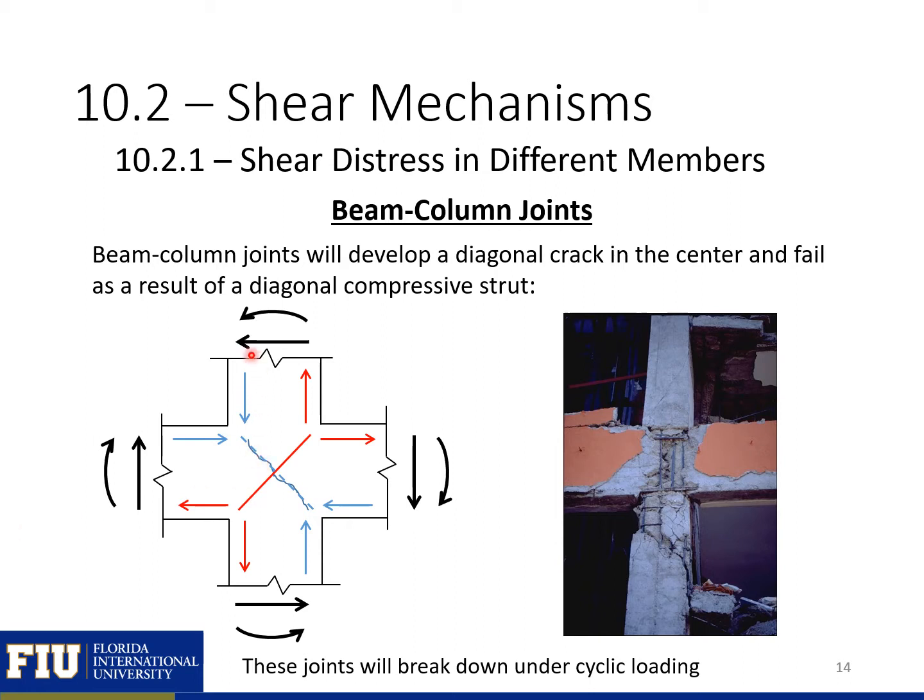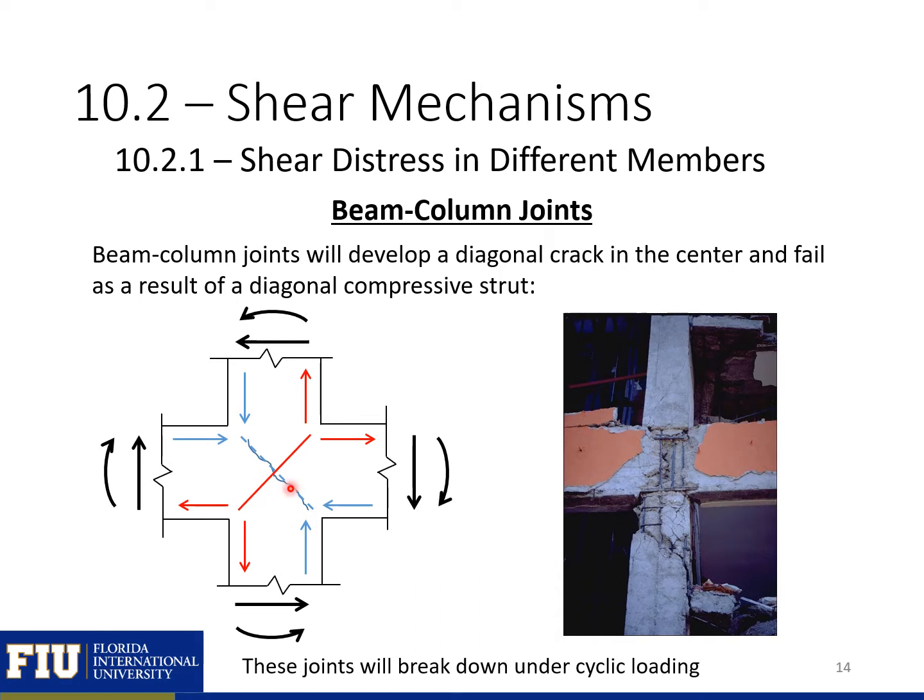So we'll have compression forces coming in from our beams and our columns, and beams and columns on the other side, and that'll lead to large compression forces coming down the center of our joint, and the tension in the beam and the column on both sides is going to lead to tension running perpendicular to our compression force here. This can lead to failure of the joint.